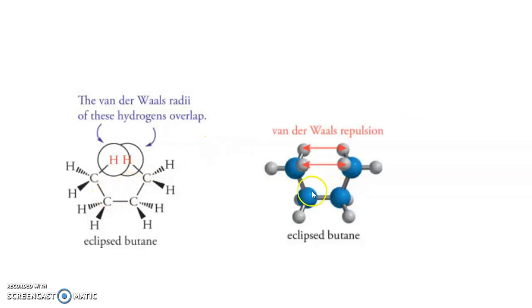Secondly, there will be torsional strain, or the bond pair interaction. All the bonds are eclipsed over here, so all the bonds will experience bond pair repulsion. These two factors make the molecule highly unstable and raise the energy of the eclipsed conformation of butane. So there will be steric strain, van der Waals interaction, and also torsional strain.